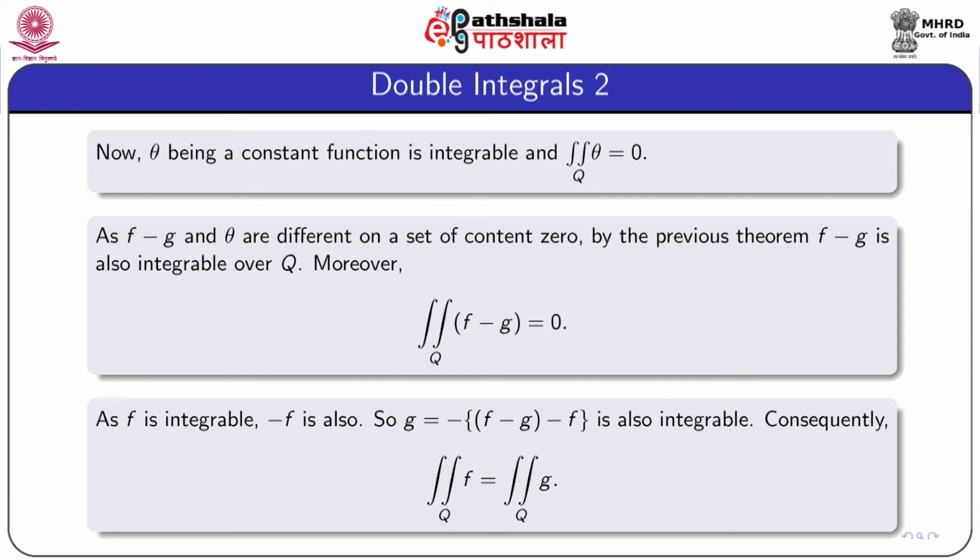As f minus g and theta are different on a set of content 0, by the previous theorem f minus g is also integrable over Q. Moreover, integral of f minus g over Q is 0. Now, f is integrable, so minus f is also. So, g equal to minus of (f minus g) minus f is also integrable. Consequently, integral of f over Q equals integral of g over Q.